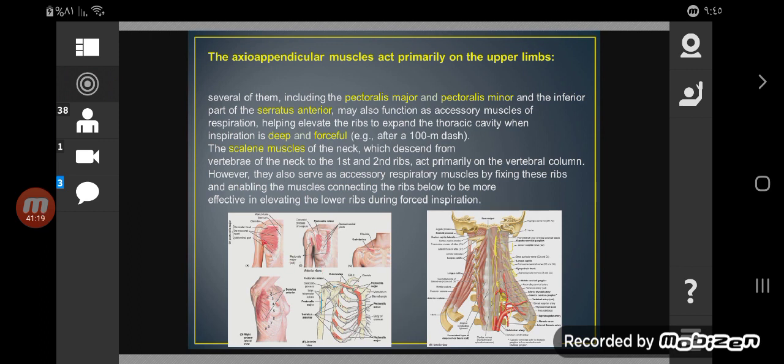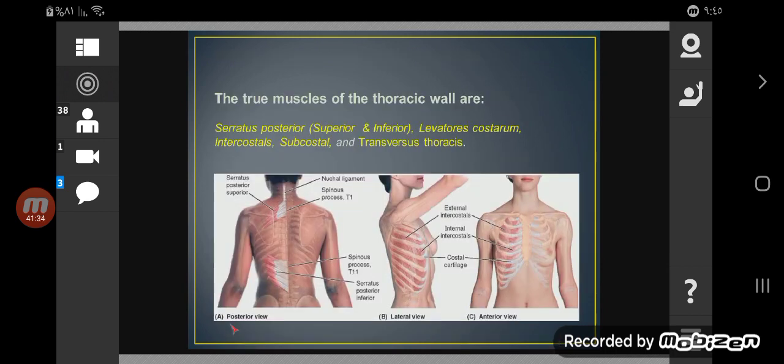For example, pectoralis major, pectoralis minor, serratus anterior. You took a look at them before, okay? The last semester you saw them. But the true muscles of the thoracic wall consist of these muscles.